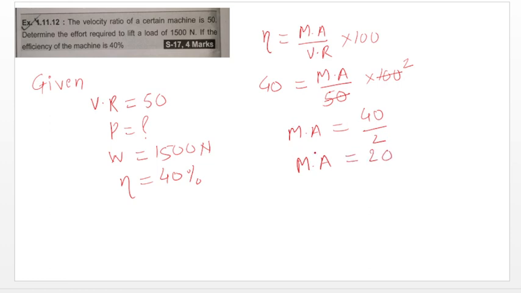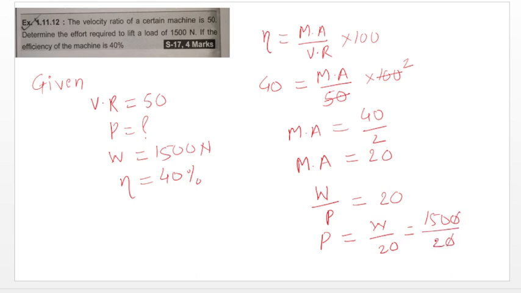Now next, we need to put this into the mechanical advantage formula, that is load to be lifted divided by effort required to lift the load, equal to 20. Again the load is given, and I want to find out P. P is equal to W divided by 20, which is 1500 divided by 20.